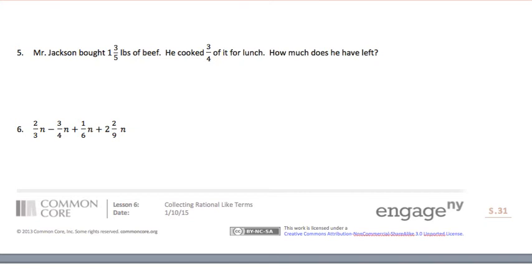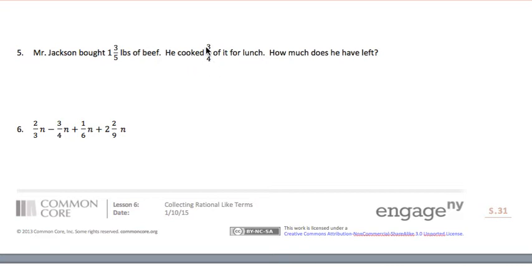In question 5, Mr. Jackson bought 1 3/5 pounds of beef, and he cooked 3/4 of it for lunch. How much does he have left? The word of is a very important word in this question because it tells us multiplication. So this is 1 3/5 pounds.